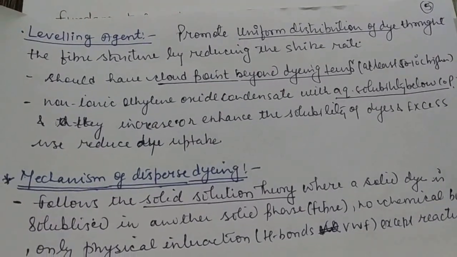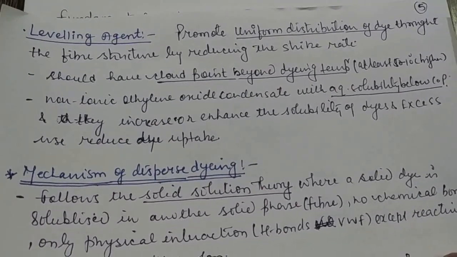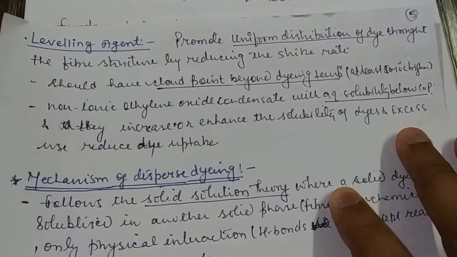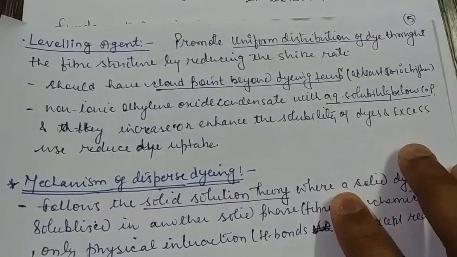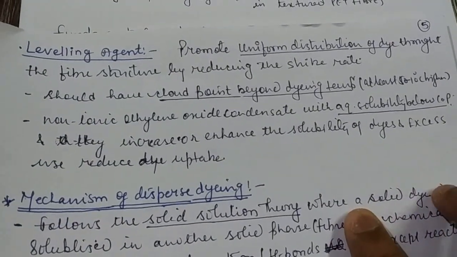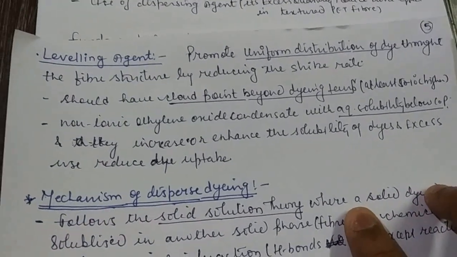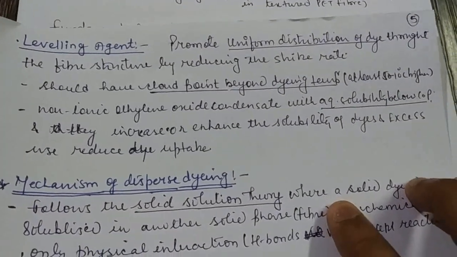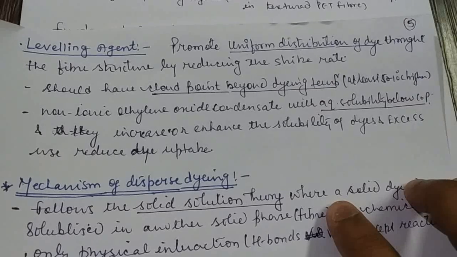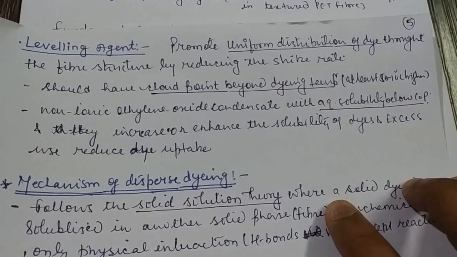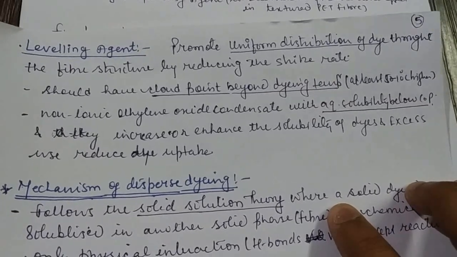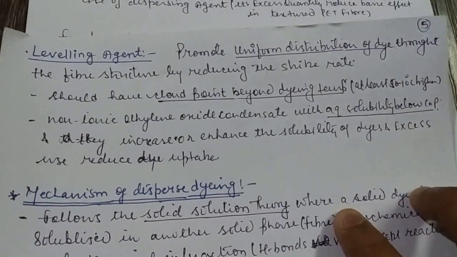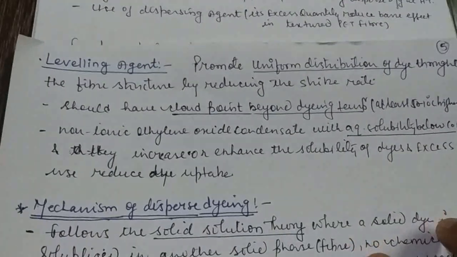Leveling agents are generally non-ionic in nature, ethylene oxide condensates with aqueous solubility below cloud point, and they enhance the solubility of dyes, and excess use reduces dye uptake. If you use leveling agent in excess quantity, then it may work as a retarding agent. It means excess use of leveling agent decreases the dye uptake.